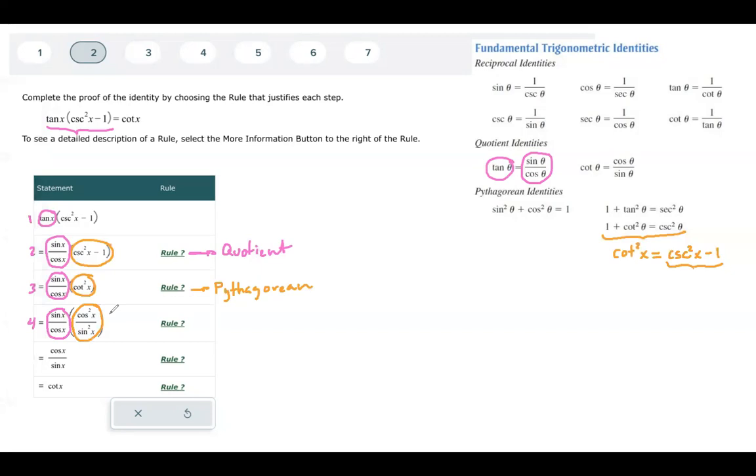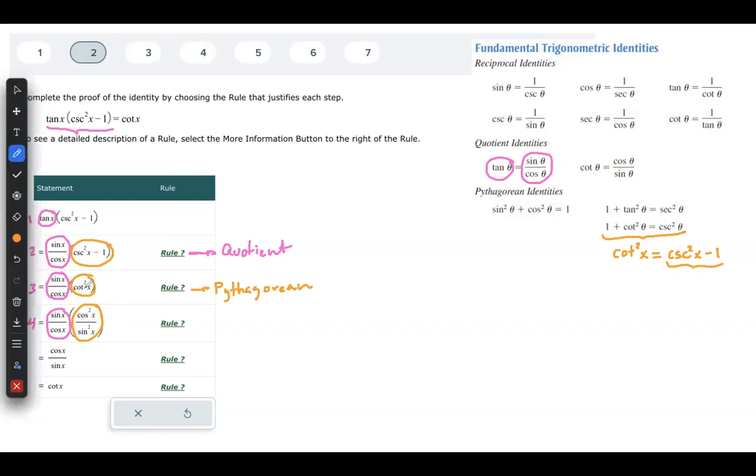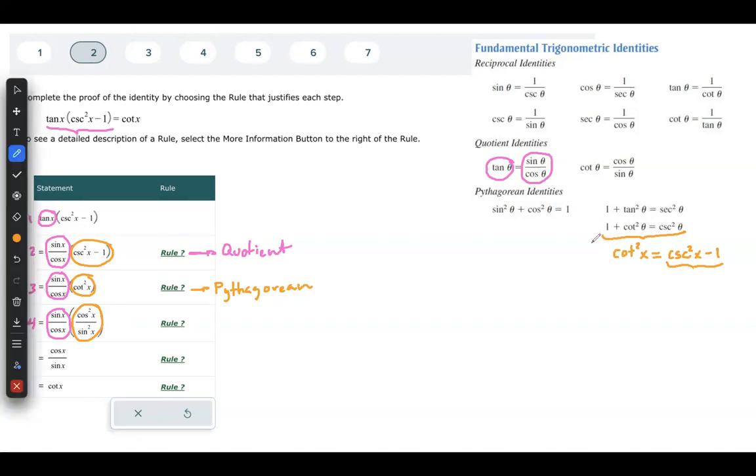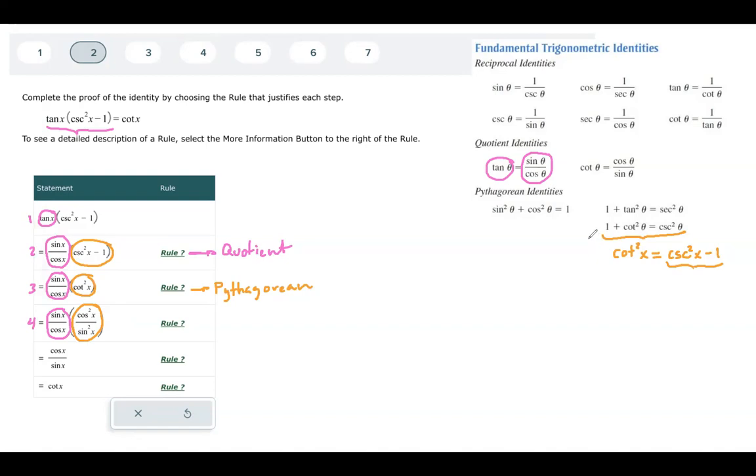So it expanded, but did not involve sine over cosine. It simply expanded the cotangent into cosine over sine.